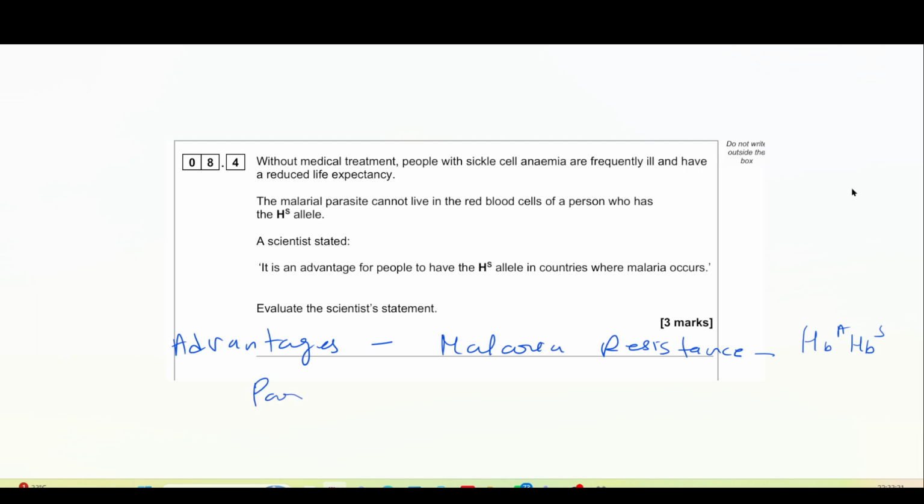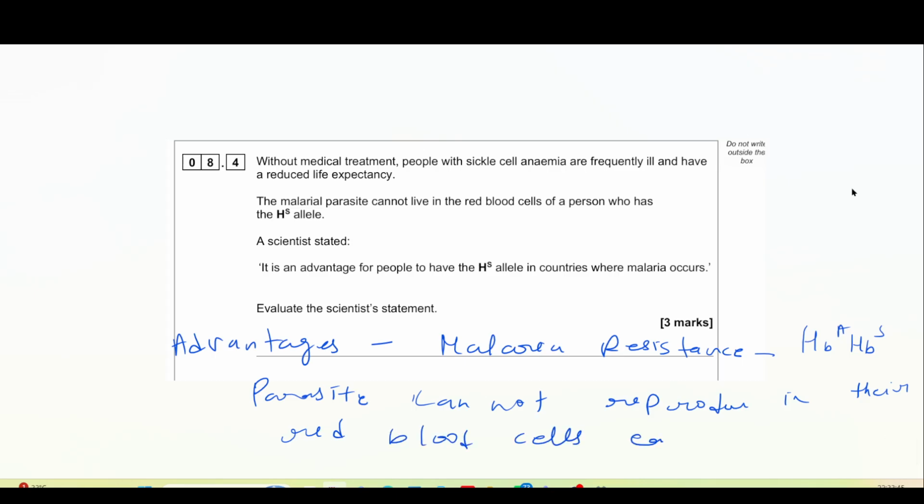So the parasite cannot reproduce in their blood cells easily.